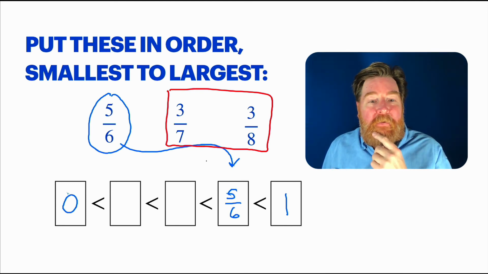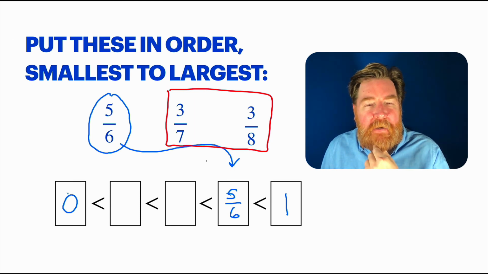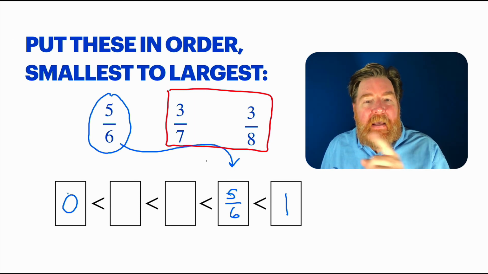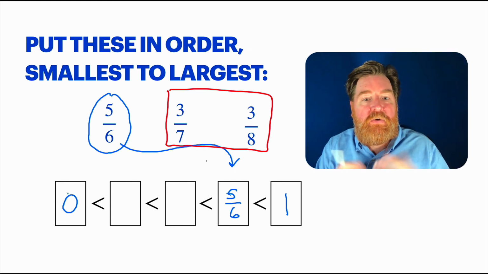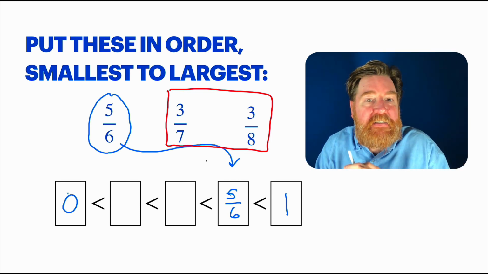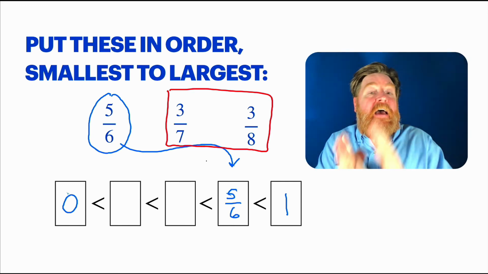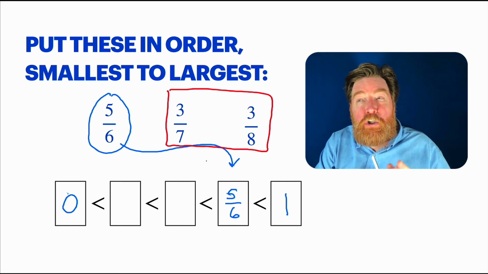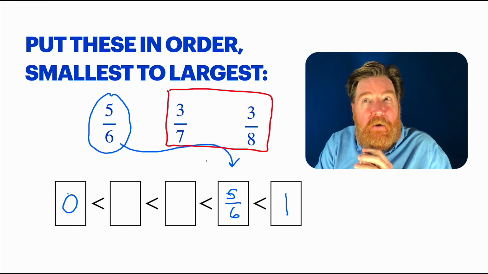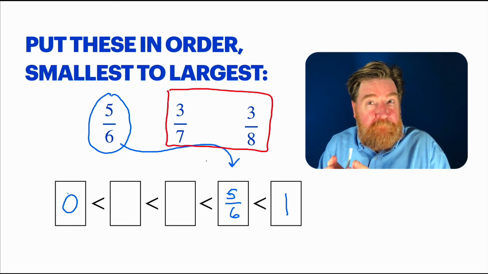All right, take a look at them. Is that an obvious comparison? Yeah, they have the same numerators, don't they? So now it just comes down to the pieces. Which pieces are we talking about and which piece is bigger than which? We've got sevenths and eighths. So what's bigger, a seventh or an eighth?